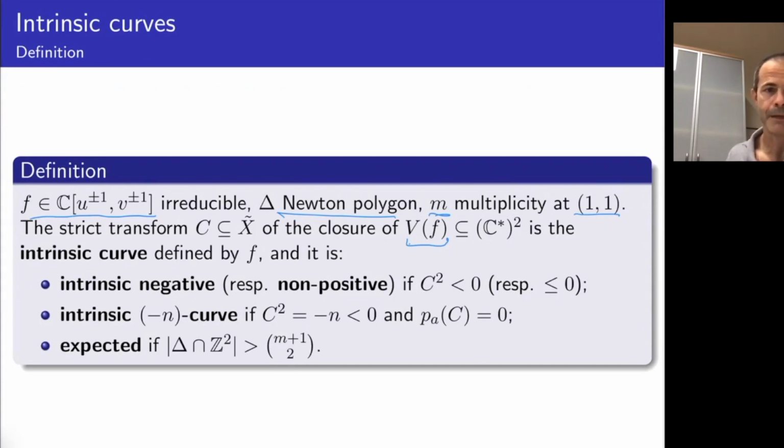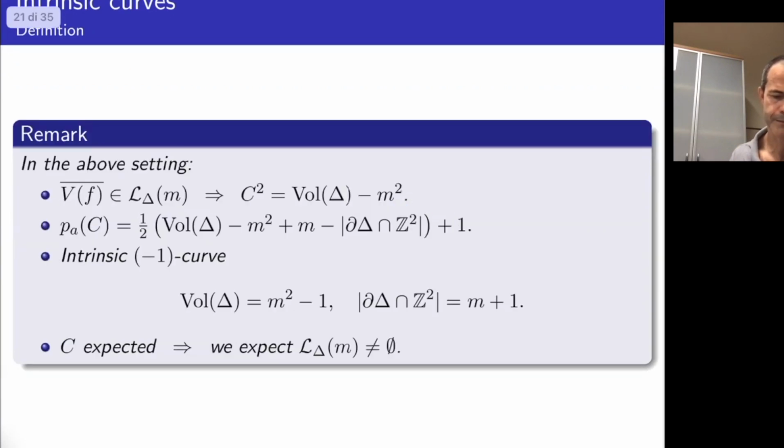It is in particular an intrinsic minus n curve if the self-intersection is minus n and the arithmetic genus is 0. And finally, it is expected if the number of integer points of the Newton polygon is at least the binomial n plus 1 over 2. A few words about this definition.